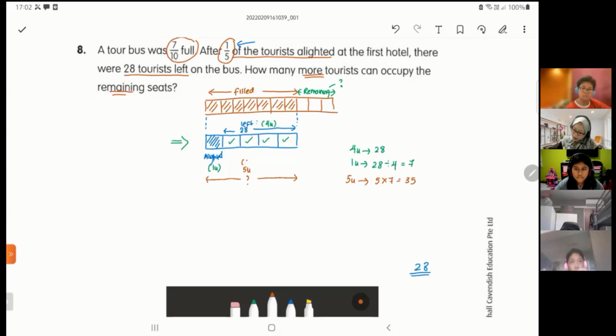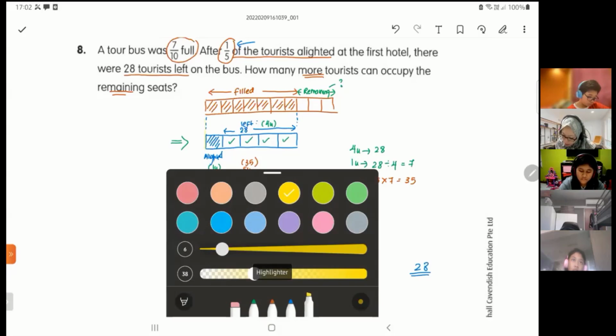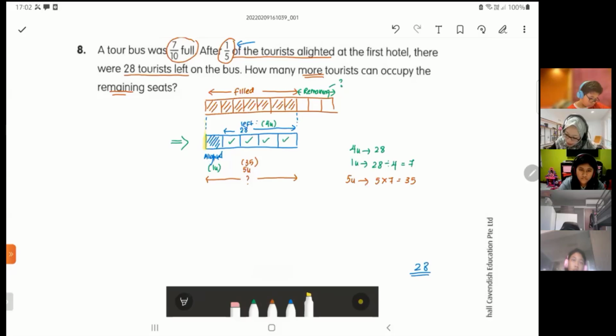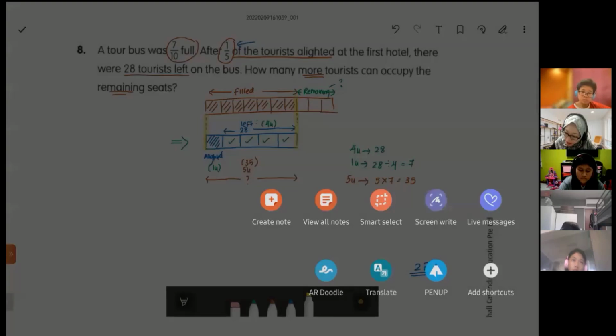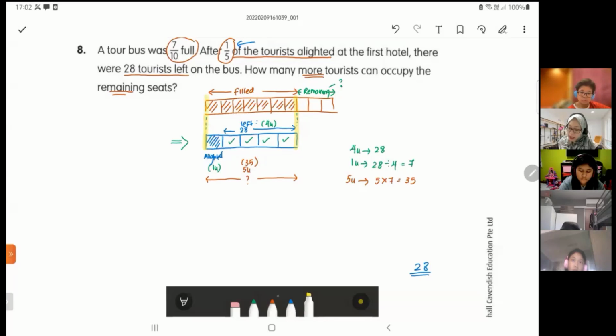So this is 35. If I bring this up and I bring this up, isn't it back to the same 7 units on top just now?